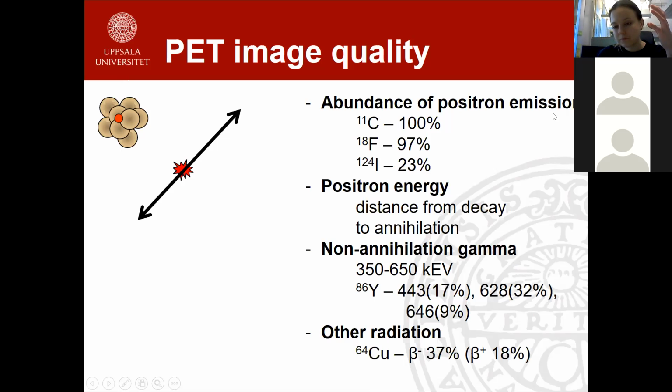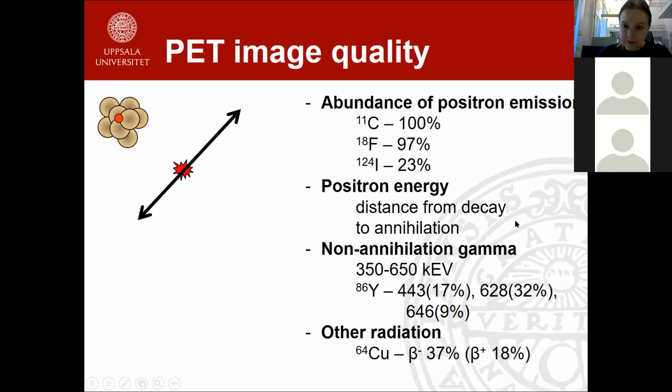So if we want to get the same image quality as for carbon-11 and F-18, we have to administer 5 times more activity because there are 5 times fewer positrons emitted that would eventually give us a signal. So this is just something that also should be considered.